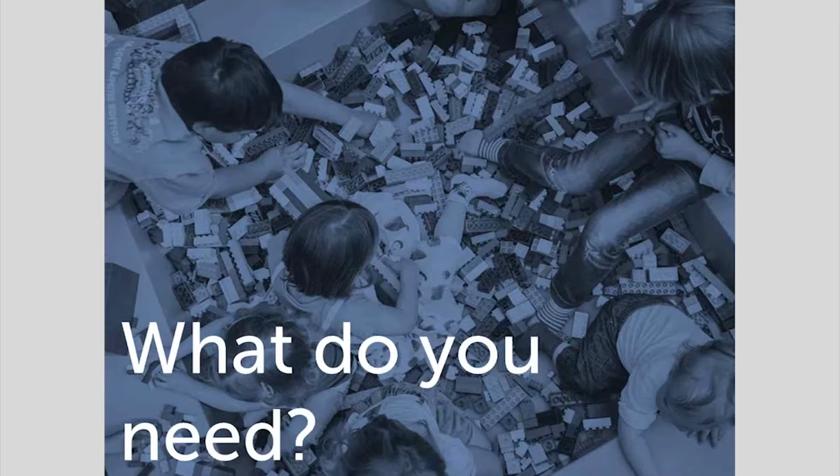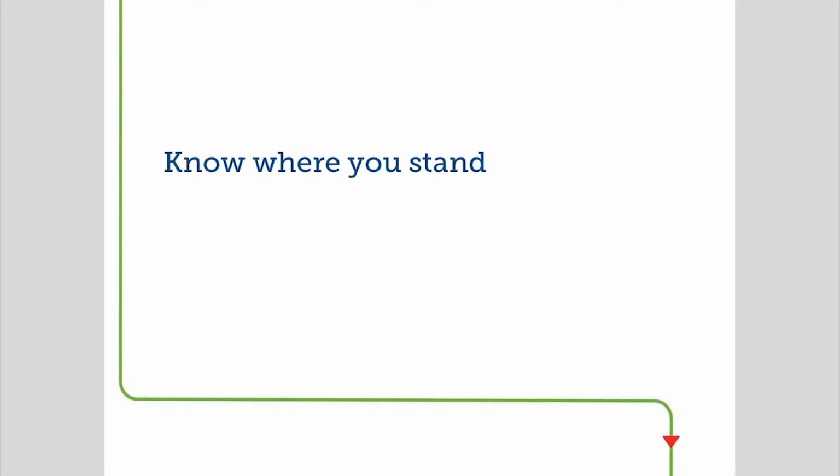So what do you need? This is an important question. You need to know where you're standing. You need to understand the landscape. And I do sometimes get interesting looks from colleagues when I talk about the idea that the sustainability landscape is a real thing for corporates.